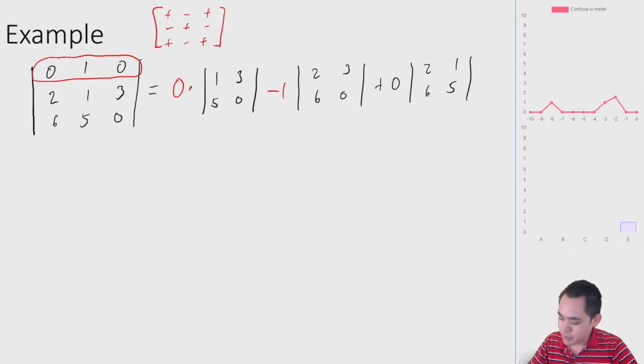Sorry, let me put that in red, since I was putting everything else in red. Okay, so that is the cofactor expansion along the first row. You don't have to do it along the first row, but sometimes that's easier.